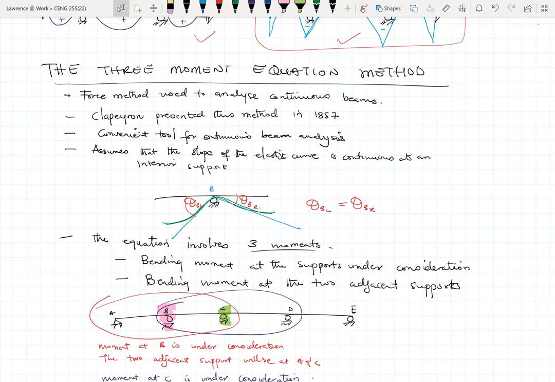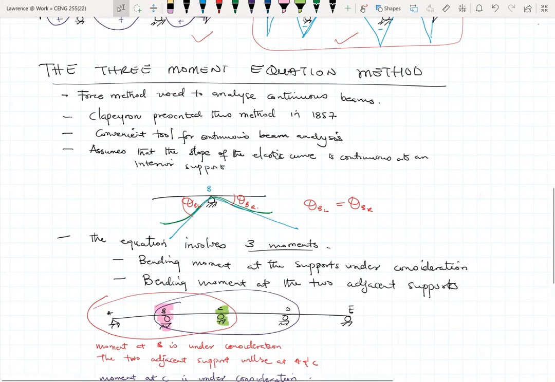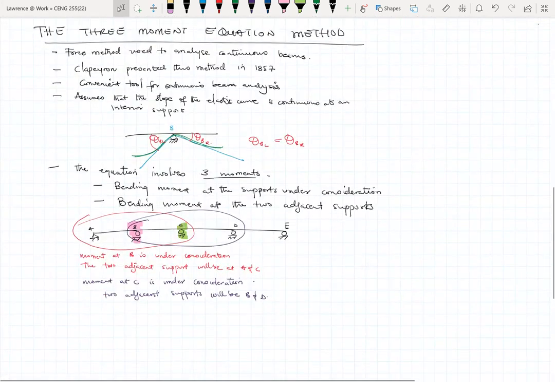It derives its name from the fact that if you have a continuous beam and you want to determine the reactions, which you can use to draw your bending moment diagram, one of the things you need is to first calculate the moments at the supports.